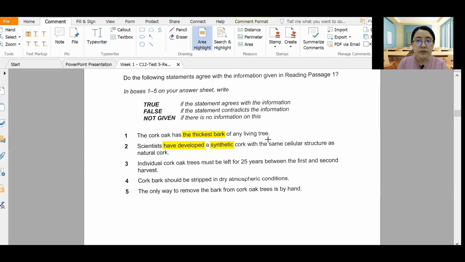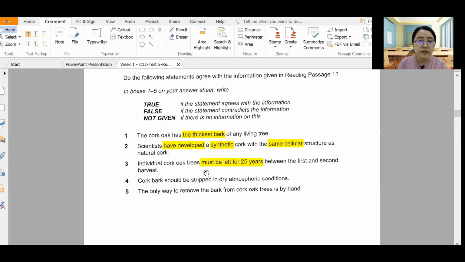I will check if they have the same cellular structure as the natural one. Individual cork must be left for 25 years before. I will check this information, if it is a must or not, and if that is 25 years.